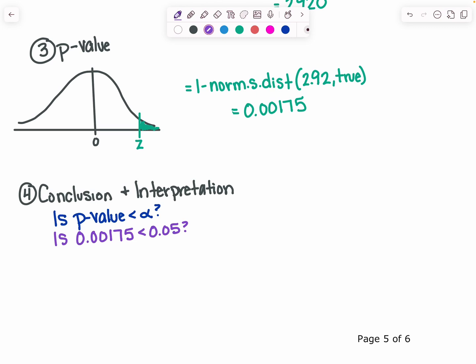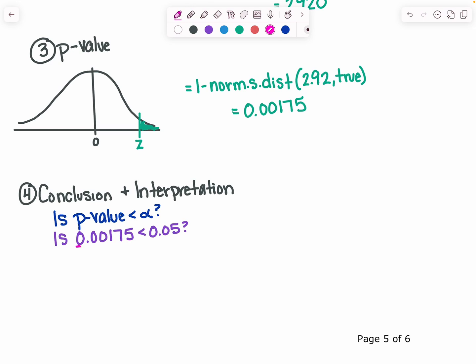Even though this was a right-tailed test, we want to know if the p-value is less than the alpha, because we want to know, is this significantly different? And it's significantly different if our p-value is small. So is our p-value too small to be possible?